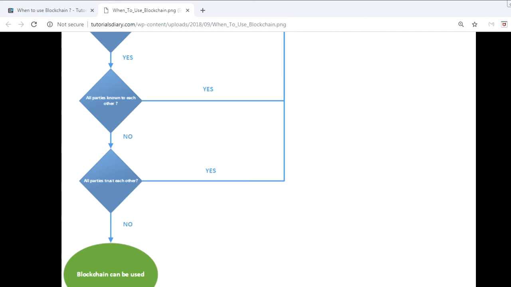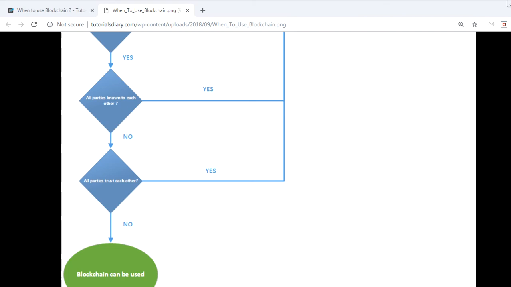So just to build trust, just to do transactions between parties which don't trust each other, blockchain is required. Blockchain plays a middle role here, just to have a transaction between the parties which have no trust with each other.